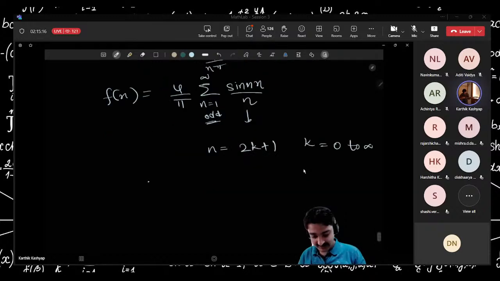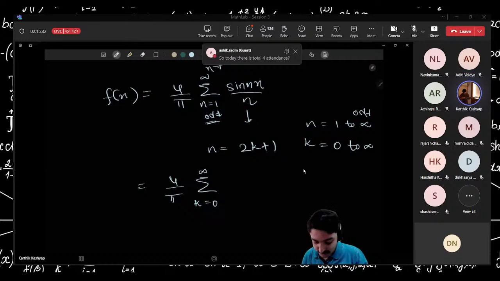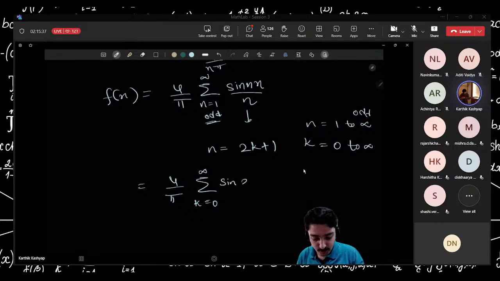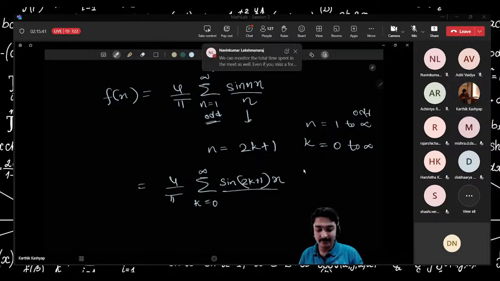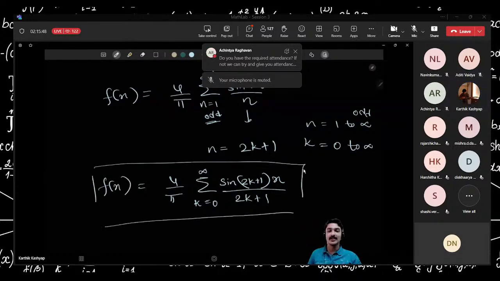So this changes the summation to 4 by pi times summation k is equal to 0 to infinity, not 1, because that is where it starts. When n is equal to 1 to infinity and odd, k starts from 0 because n is 2k plus 1. So summation k is equal to 0 to infinity of sin of (2k plus 1) times x divided by 2k plus 1. So this is the simplified Fourier series that we have obtained so far.